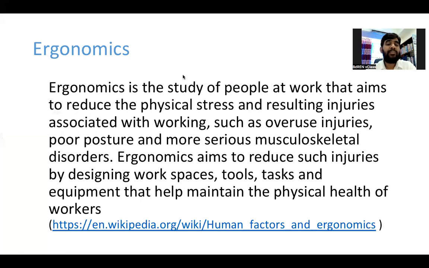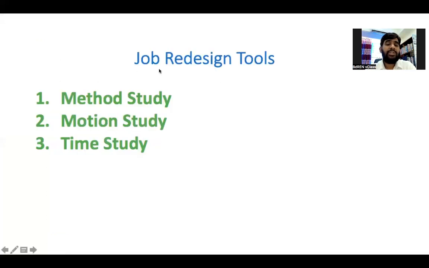And then there are several job redesign tools. Number one is method study, number two is motion study, and number three is time study. Maybe in your principles of management or fundamentals of management, you know something about the method study, because maybe you have heard the name Elton Mayo.